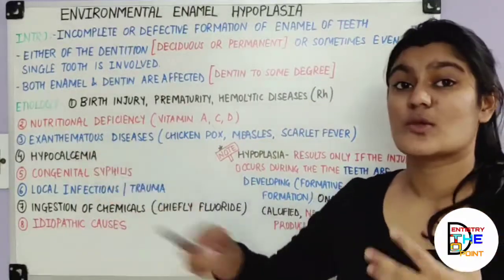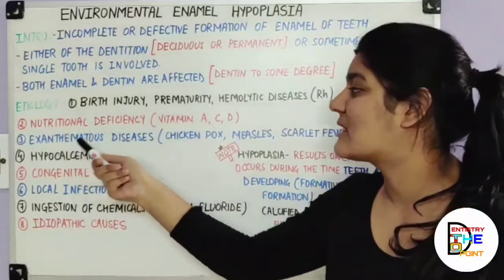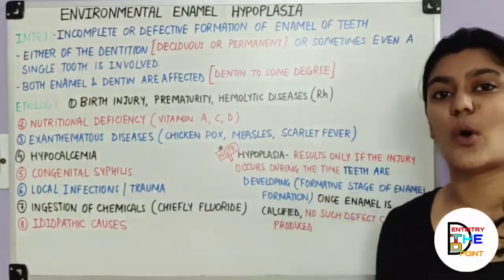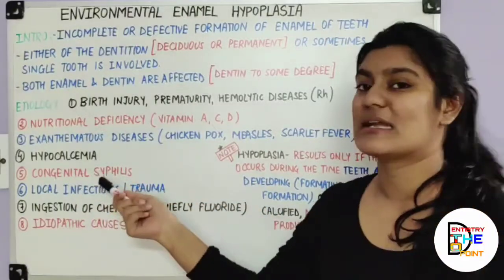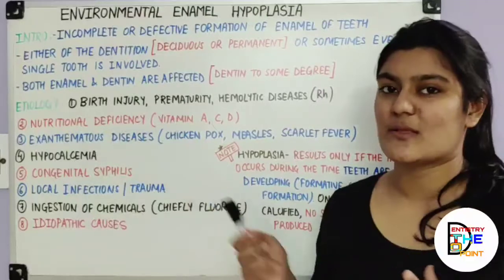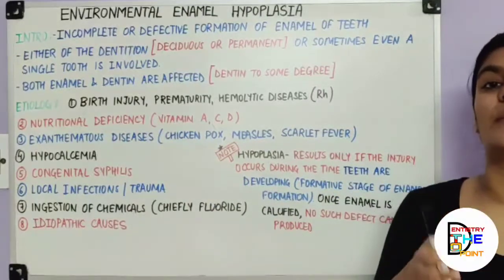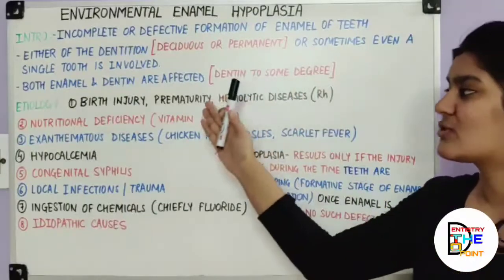Since the baby is weak, it is prone to exanthematous diseases like chickenpox, measles or scarlet fever, or maybe congenital syphilis. So the story goes: first the baby is born, so the baby may have a birth injury or Rh incompatibility or hemolytic disease or prematurity.